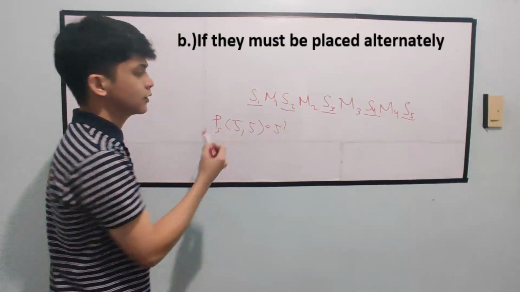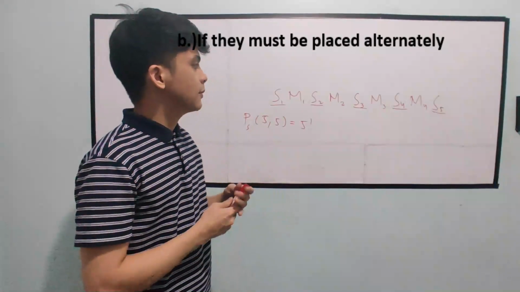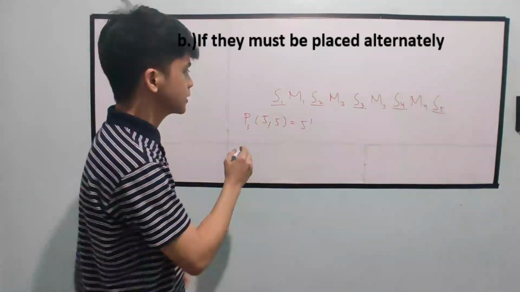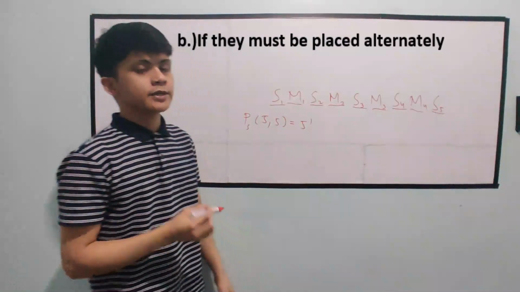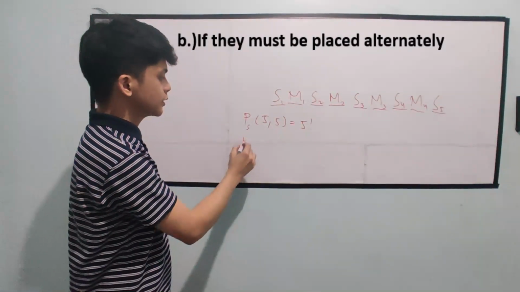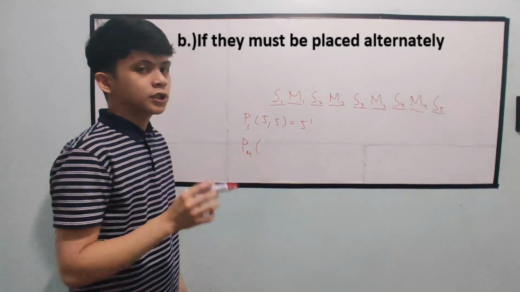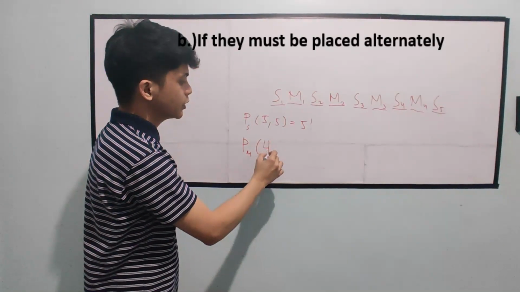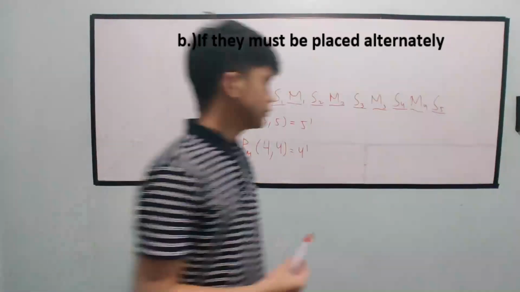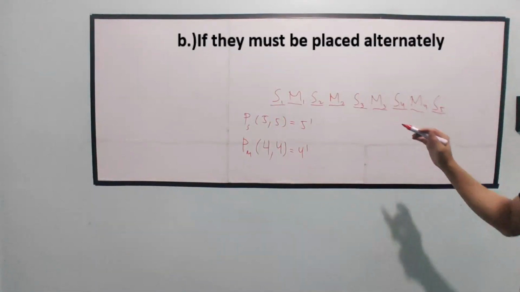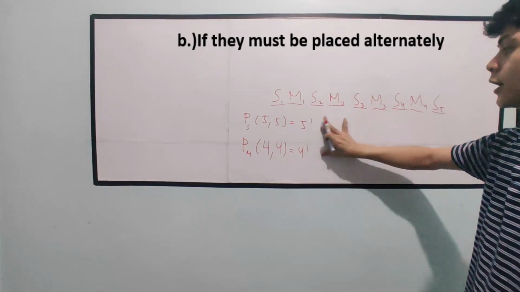So, sa science to. And so, yung number of ways naman na ma-arrange natin yung math books is, meron naman tayong 1, 2, 3, 4 positions para sa math natin. So, mag-arrange tayo ng 4 objects in 4 positions, that is permutation of 4 taken 4 lang, or 4 factorial. So, yung final answer natin will be, multiply lang natin to by counting principle.